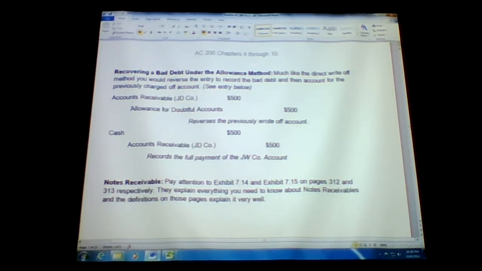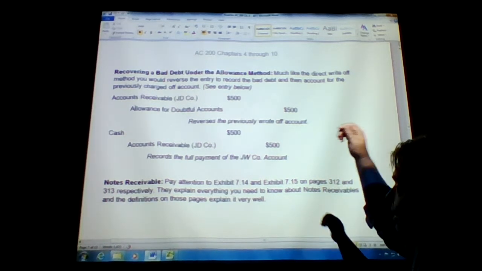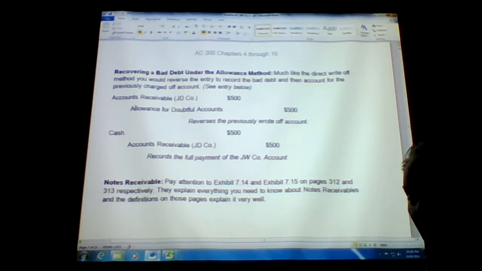And we are replacing the $500 in our allowance for doubtful accounts by crediting it, because again, this is a contra asset account. As we discussed earlier, contra asset accounts carry a credit side balance instead of a debit side balance.